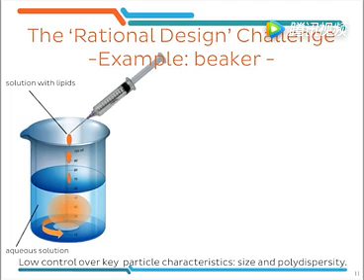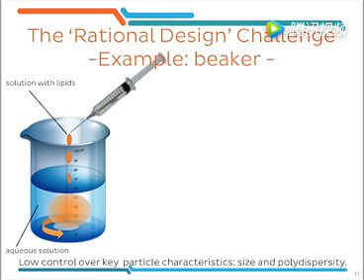When we perform a nanoprecipitation in a beaker, we have a water-miscible organic solution containing the nanoparticle forming agent. This could be a lipid dissolved in ethanol, for example. This solution is added drop-wise to an aqueous buffer, for example PBS, under constant stirring, usually with a magnetic stirring bar.